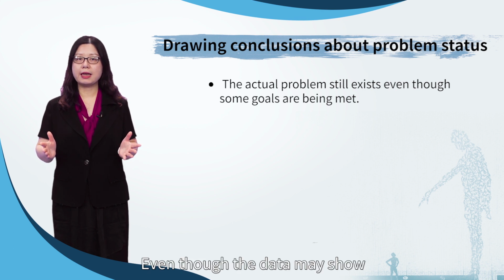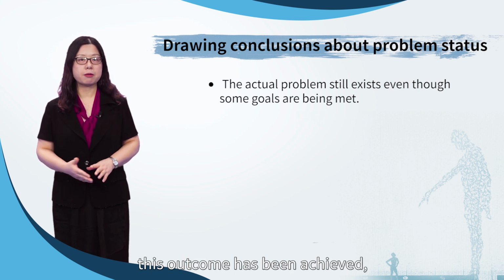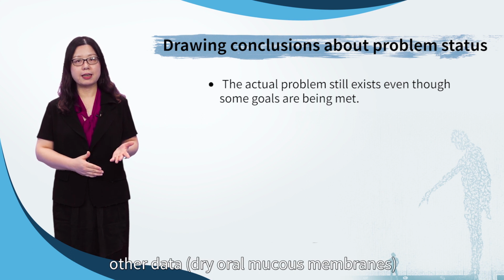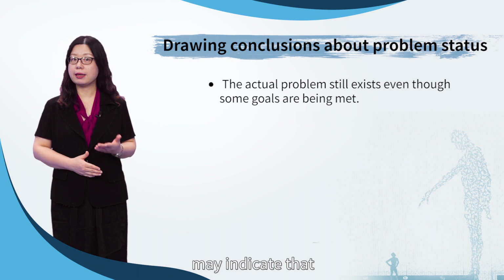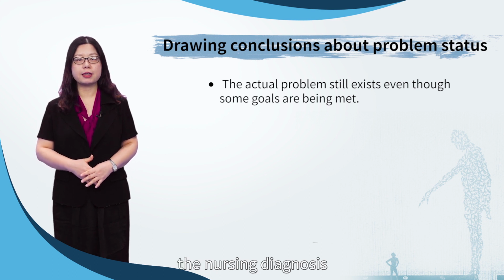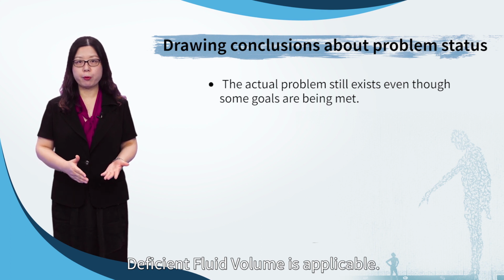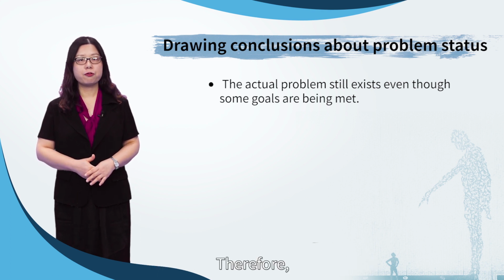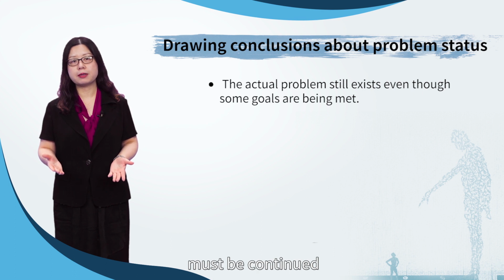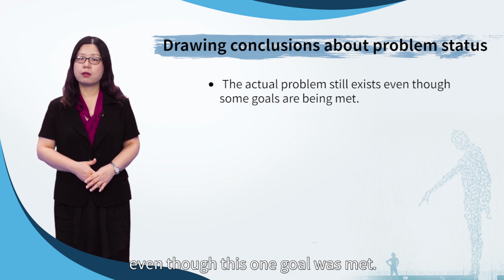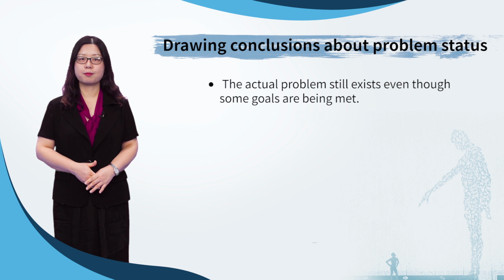Even though the data may show this outcome has been achieved, other data like dry oral mucous membranes may indicate that the nursing diagnosis deficient fluid volume is applicable. Therefore, the nursing interventions must be continued even though this one goal was met.